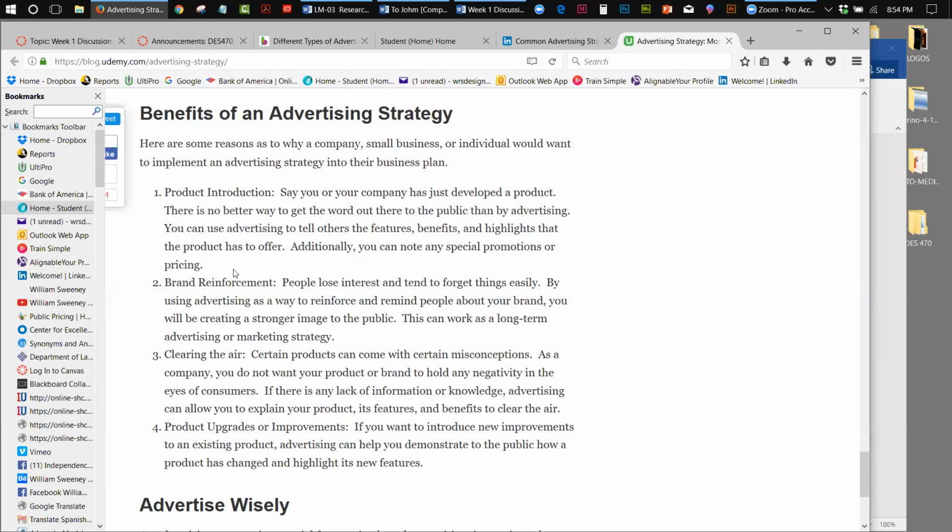Now, brand reinforcement, on the other hand, people lose interest and tend to forget about things easily. But to be totally honest with you, once you have a product going, the goal is to continually keep, first of all, the people that are buying your product, but second, expand your base. So what that means essentially is not worrying about people losing interest and forgetting things easily, but thinking about stealing market share from competing brands.